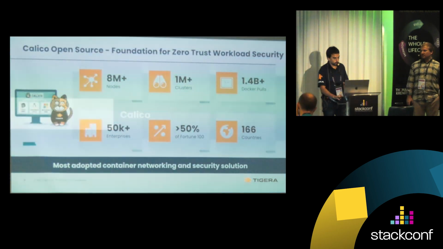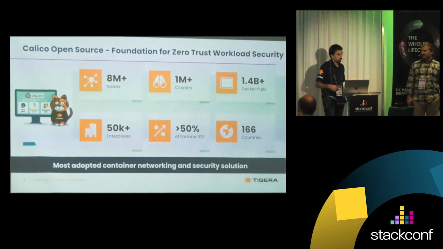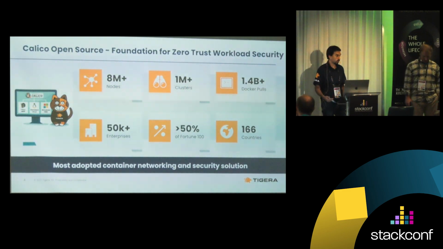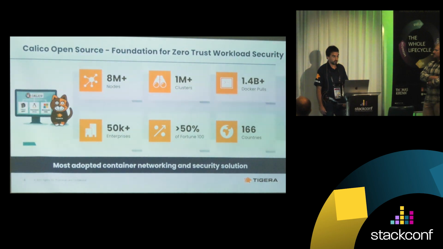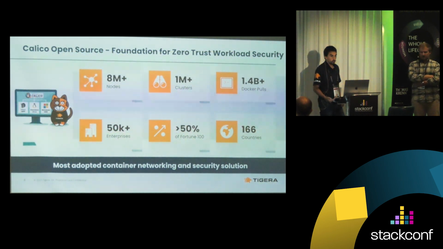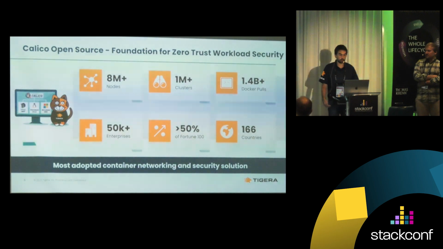So what's Calico? You're probably already familiar with it. Calico is an open source solution, a container network interface, CNI, for Kubernetes. As of today, it's probably the most used CNI on the market. We have 8 million plus nodes in production or test environments, 1 million plus clusters.